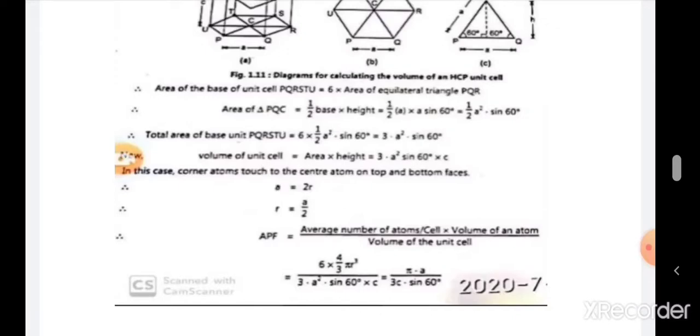So in numerator pi a cube remains, and in denominator 3a square sin 60 c remains. Now a cube and a square, only a will remain. So finally we get in numerator pi a and in denominator 3c sin 60.